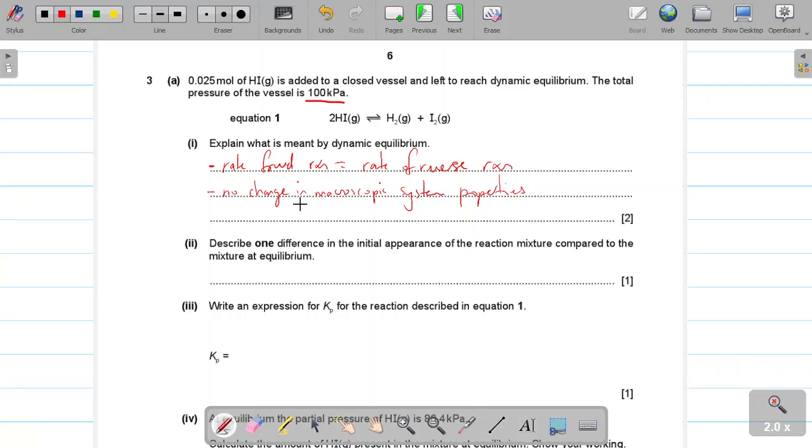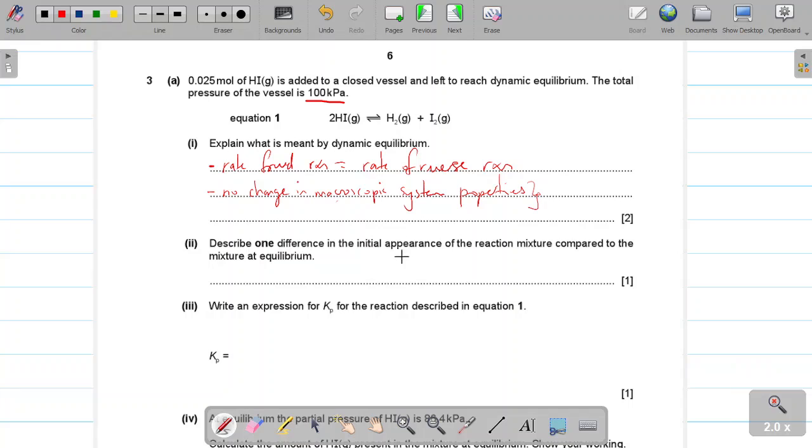It means that there is no change in measurable properties of the system and that the concentration of reactants and products remain the same. So that is implied from the statement that macroscopic system properties are constant. So there's no change in measurable properties of the system and the concentration of reactants and products will remain constant.